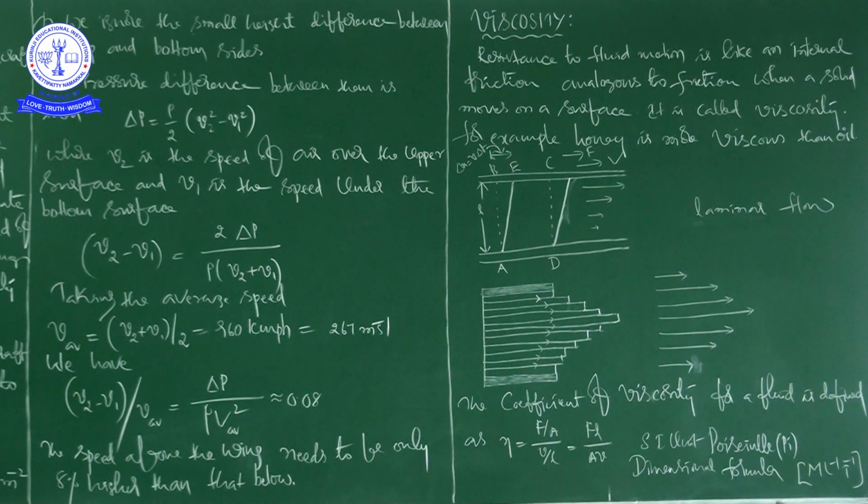Now, the coefficient of viscosity for some common fluids we are going to see in this same chapter. They have given one table. That table I will put in front of you in the next class. We point out two facts about blood and water.